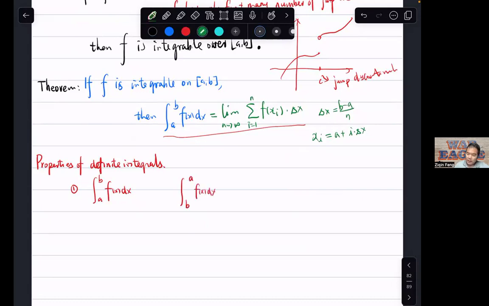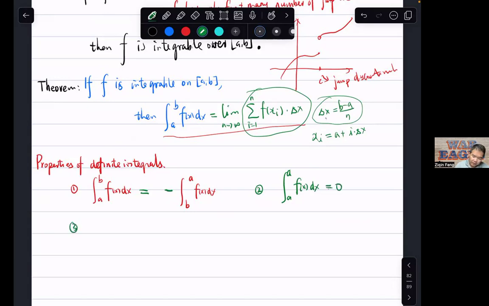The only thing that changes is that one is b minus a, the other is a minus b, so their difference is a negative sign. As we imagine, it should be minus that. Second, the integration from a to a: no matter how complicated the function is, delta x will be a minus a over n, which is 0. So everything will be 0, and this limit is 0.